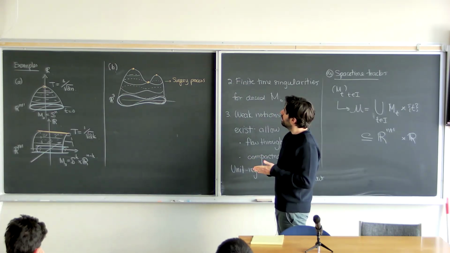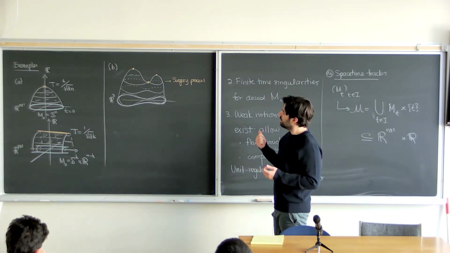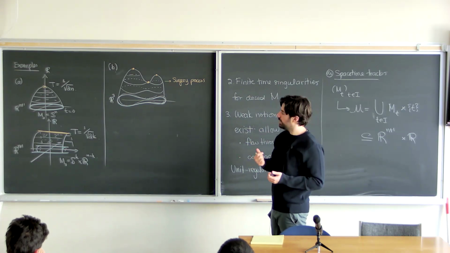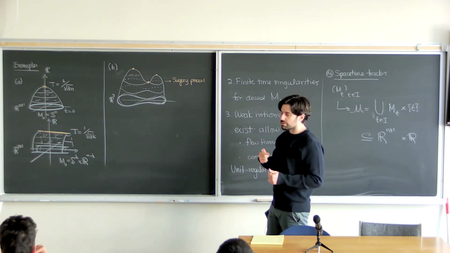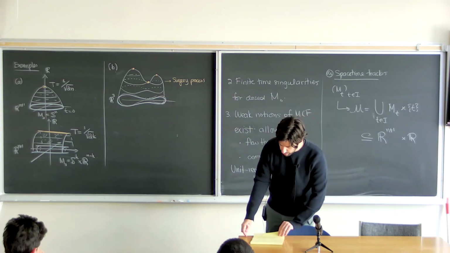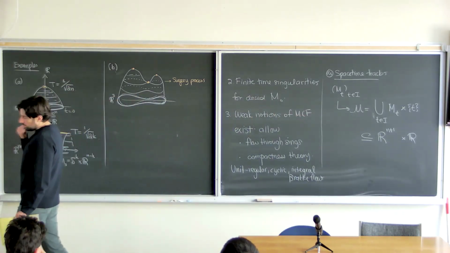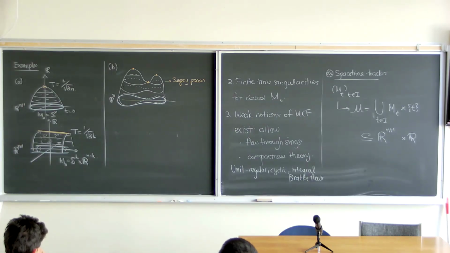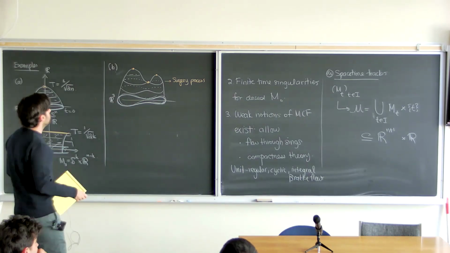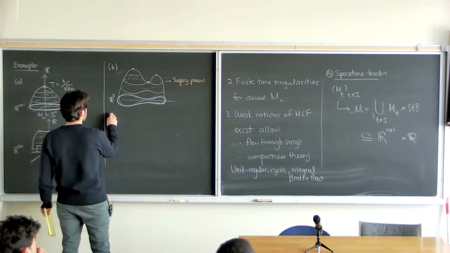But Huisken and Sinestrari have done work, Brendle and Huisken, Bob with Bruce Kleiner, and so on. So that's one direction one can go in. To be able to do the surgeries or to even understand these pictures, we'll have to go into analyzing our singularities.